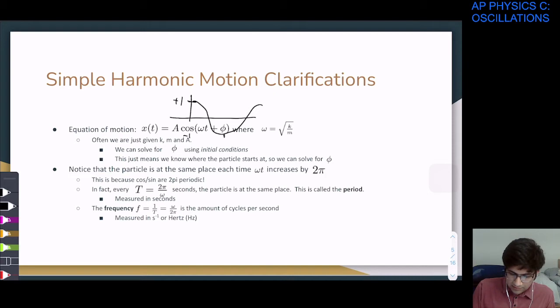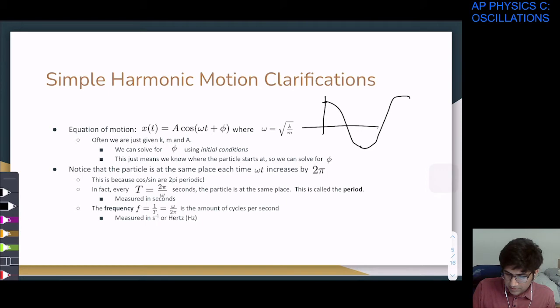The lowest possible value is -1, the highest possible value is 1, and cosine of 0, of course, is 1. I'm going to erase that just so we can see over here. So we go down here, we go back up. Okay, awesome. So cosine goes between -1 and +1.